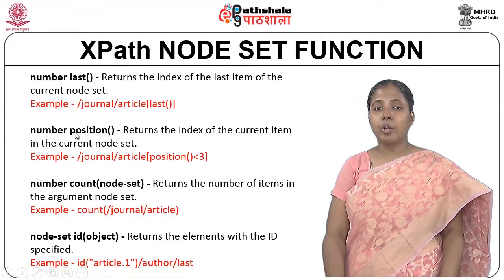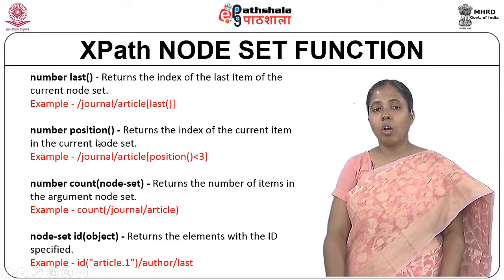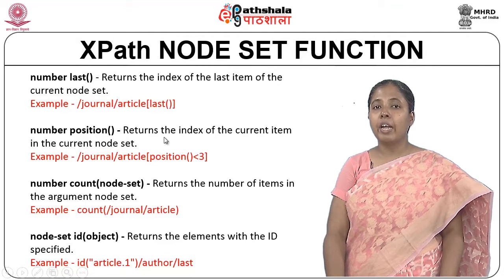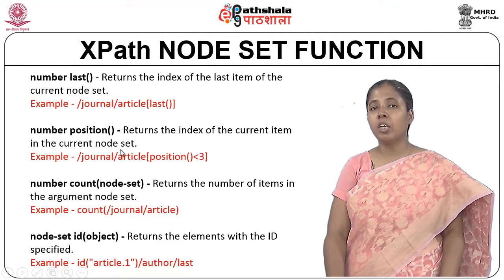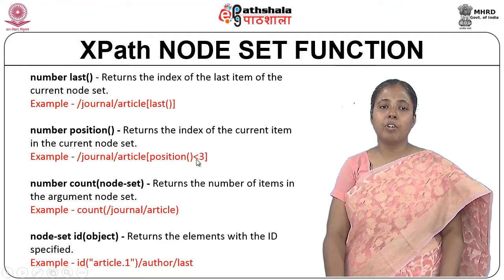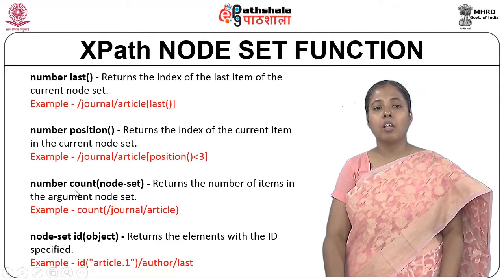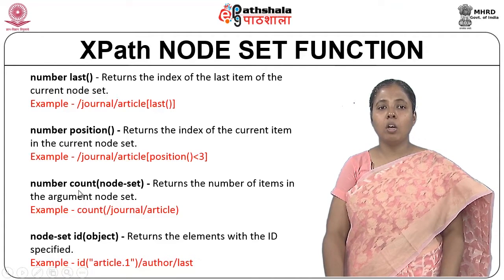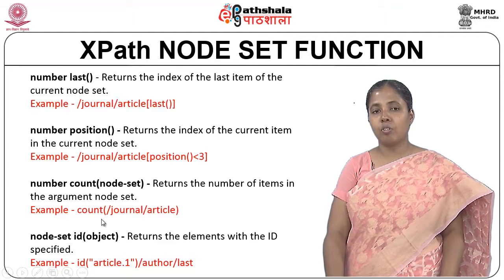And here you can see that we use a function called position. This returns the index of the current item in the current node set. You can see here the article's position, if it is less than 3, it gives the article. Then we use a function called count. This returns the number of items in the current node set. We have seen in the previous slide an example for count.